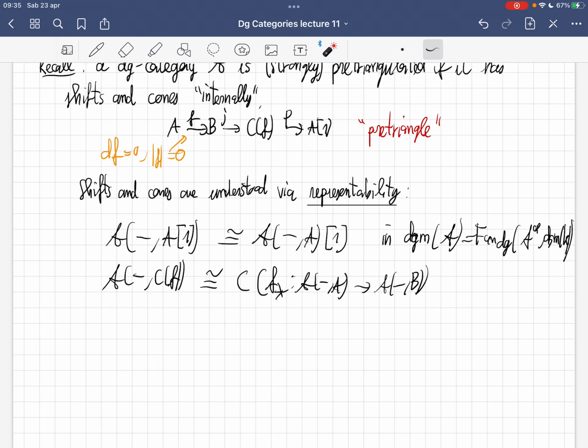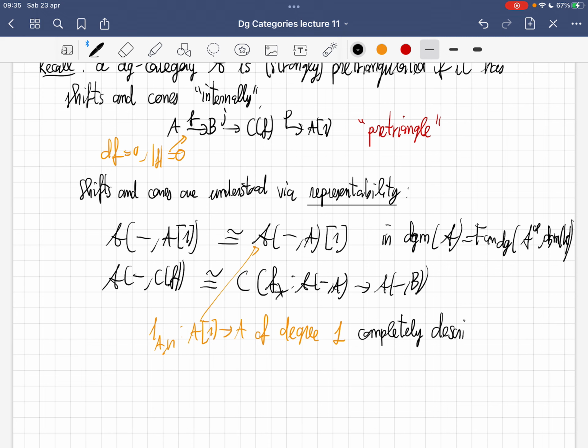For example, here, this element we called this completely describes the isomorphism.